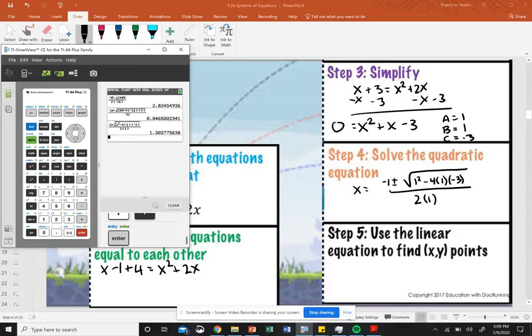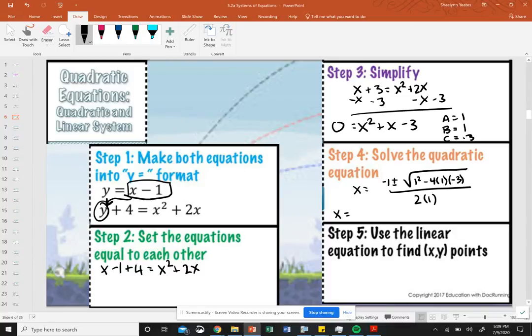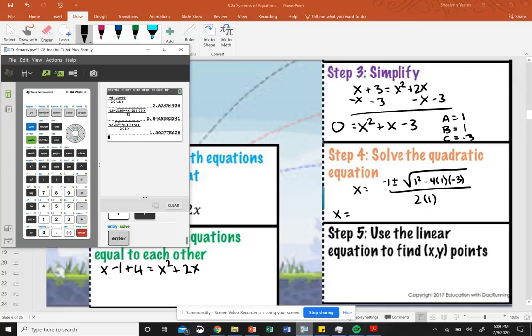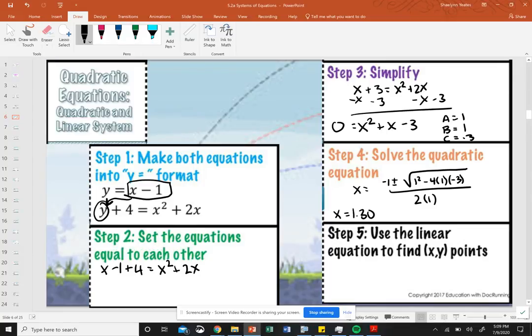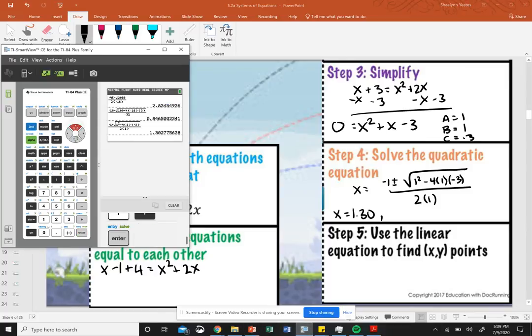And we end up with x equals 1.30. And then we're going to do it again. So I'm going to change that plus to a minus and hit enter. And we get negative 2.30.